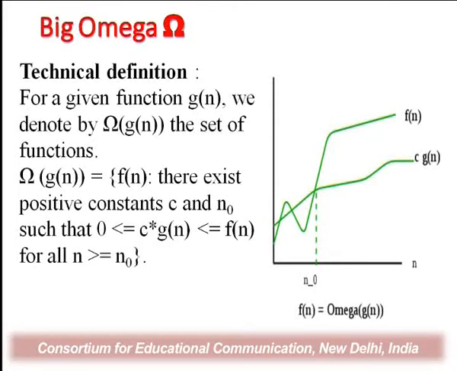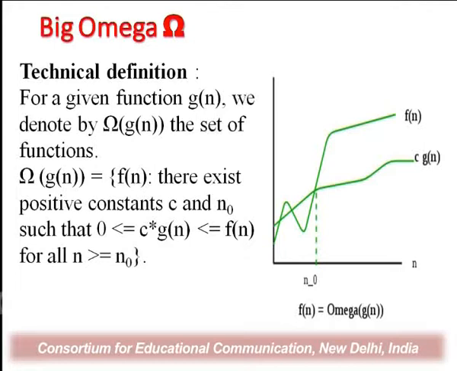Which part of the graph we are looking at is very important here. As we have seen in asymptotic analysis, we focus on large enough inputs, so we look at the part of the graph beyond n0, the right portion of the graph where n is greater than n0.